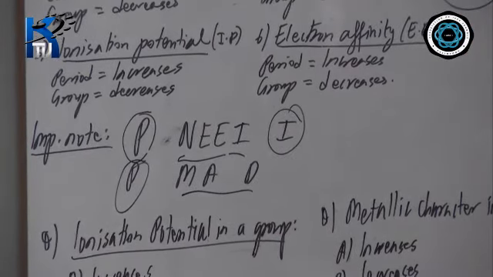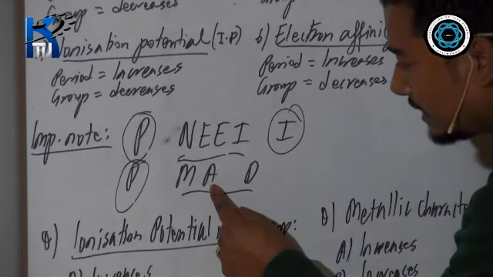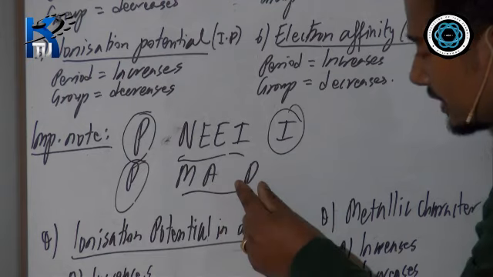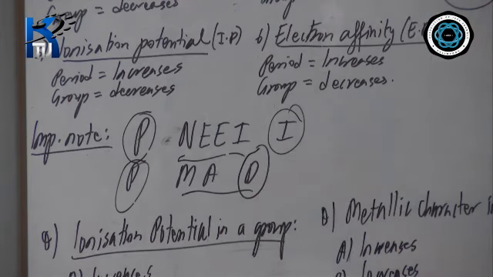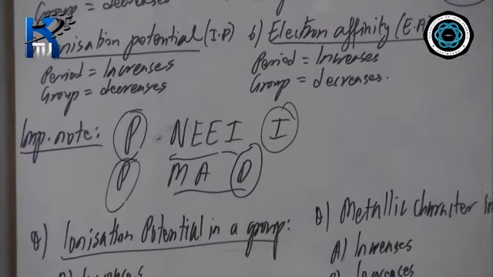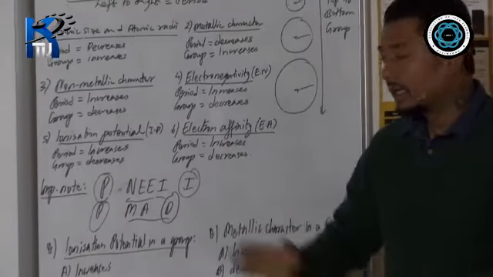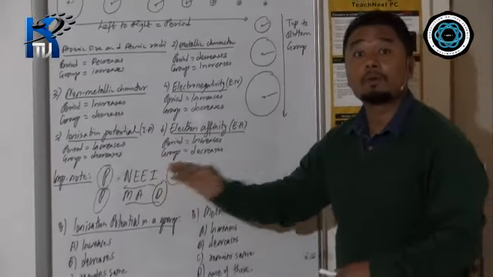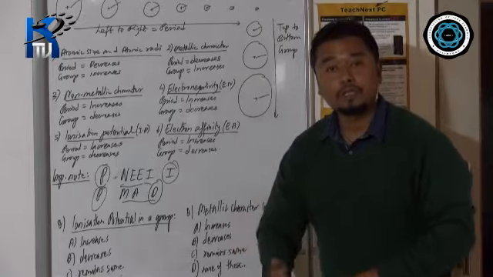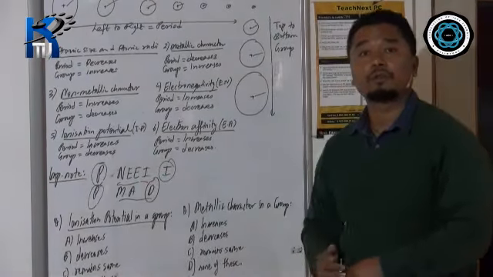Similarly, in a period, metallic character, atomic size and radii will decrease. That means in a group they will increase. So it becomes just a reciprocal. Many of you mug this up, but please don't do so. What you have to do is remember Papuni, Papumat: you remember it for the period, make it opposite, and it becomes the group.